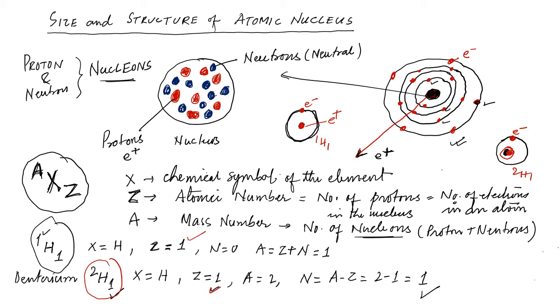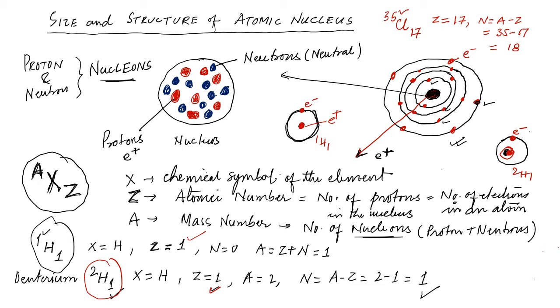Similarly we write 35 chlorine 17. So this has number of protons equal to 17, and the number of neutrons is A minus Z. A is the mass number, 35, minus the number of protons, so the number of neutrons equals 18.